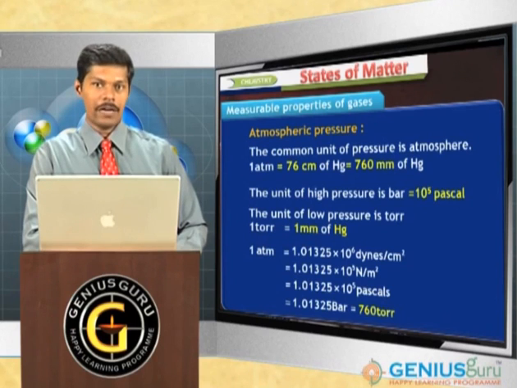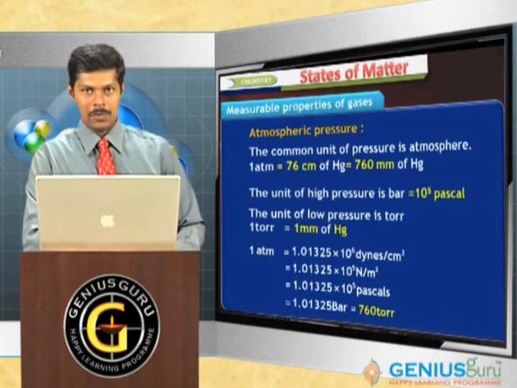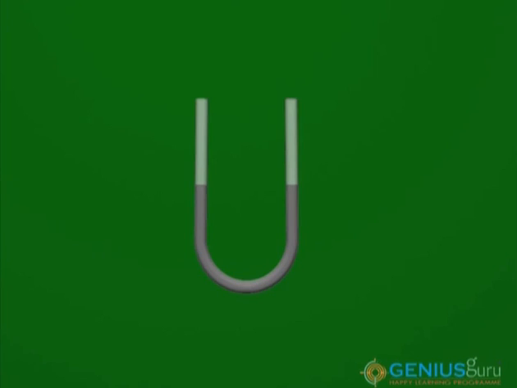Now how can the pressure of a gas be measured? The pressure of a gas can be measured using a manometer. A manometer is an open-ended or one-side closed-ended glass tube. This glass tube is filled with mercury. If you look at this open-ended manometer and the level in the glass tube is the same on both sides, then we can say that both sides have the same pressure.